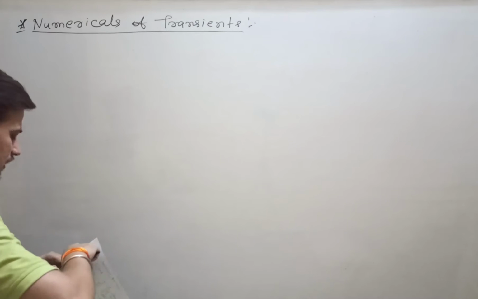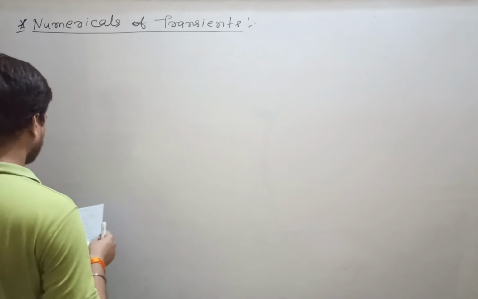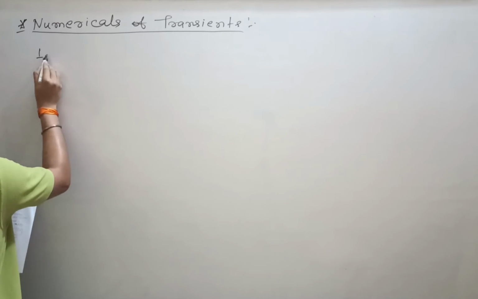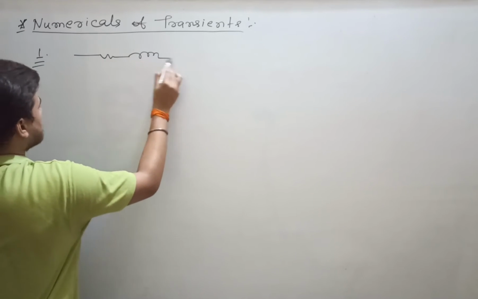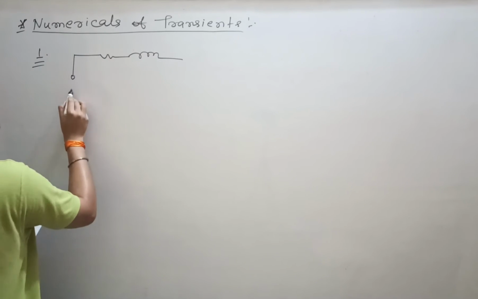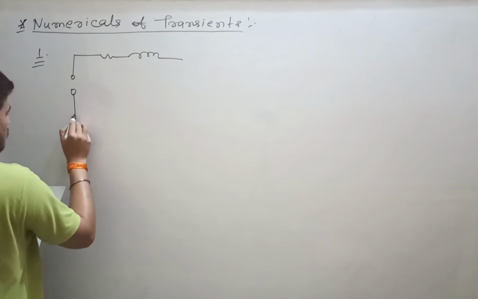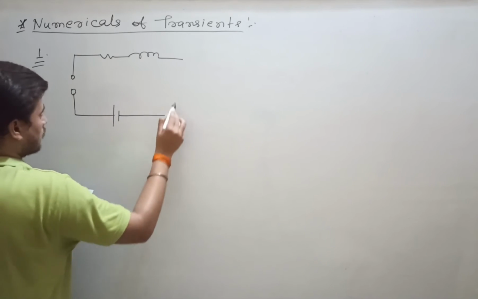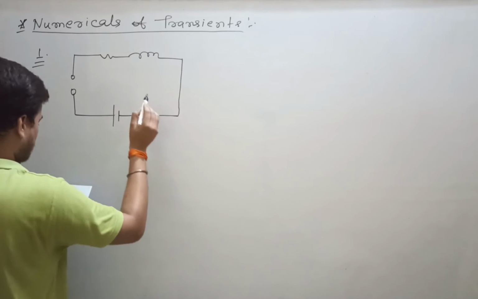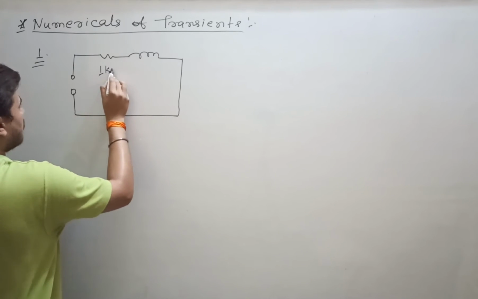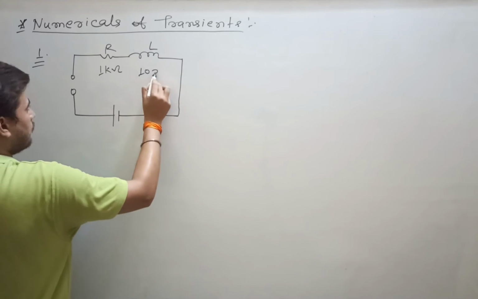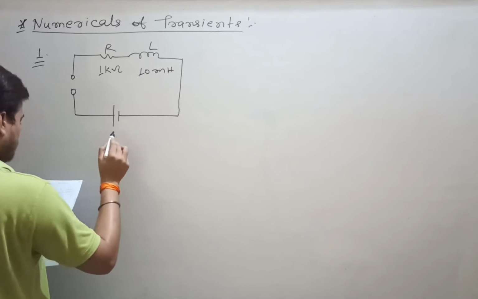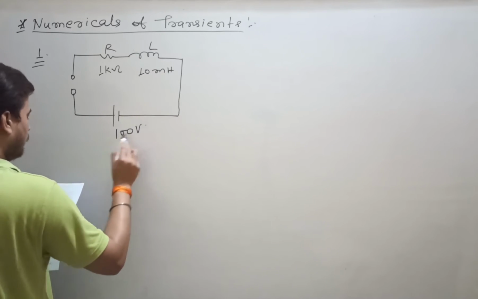Question 1. An RL circuit is given to you. R is 1 kilo ohm, L is 10 millihenry, voltage is 100 volt.